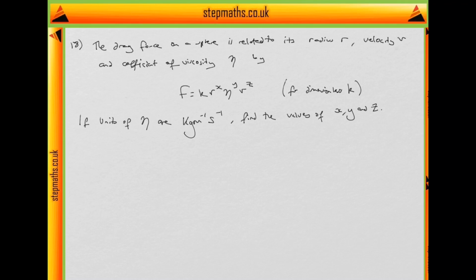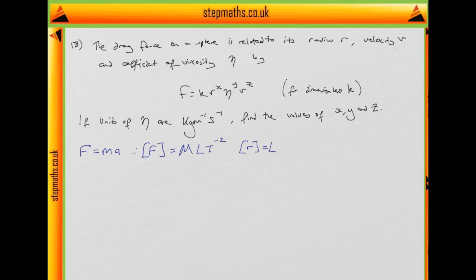So let's do that. Well, we know that force is mass times acceleration, and therefore the dimensions of force, which we'll denote by square brackets, are the dimensions of mass, which is capital M, and the dimensions of acceleration. Well, we know acceleration is meters per second squared, so that's length times time to the minus 2. Okay, well, we know that k is dimensionless, and r is a length, so the dimensions of r is 1 length.